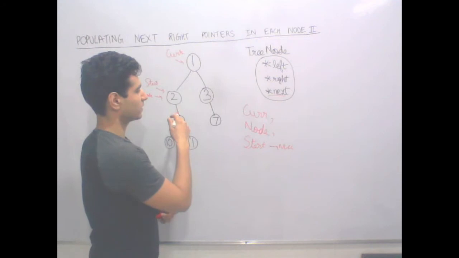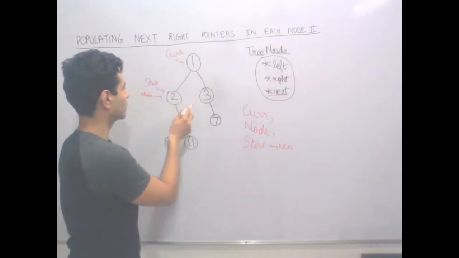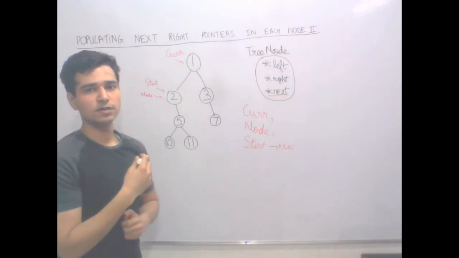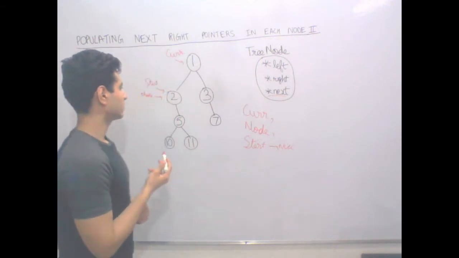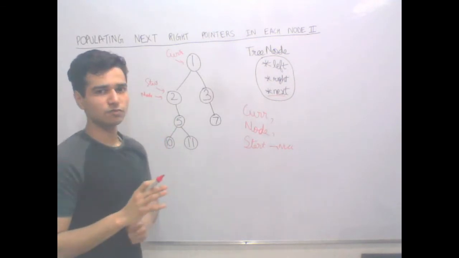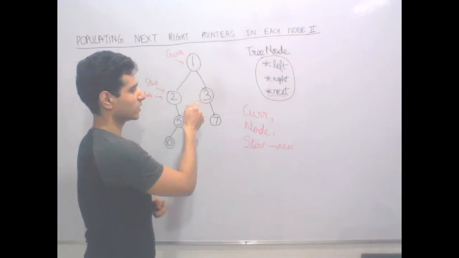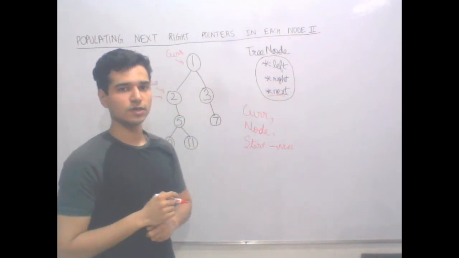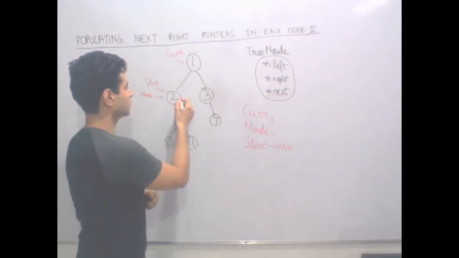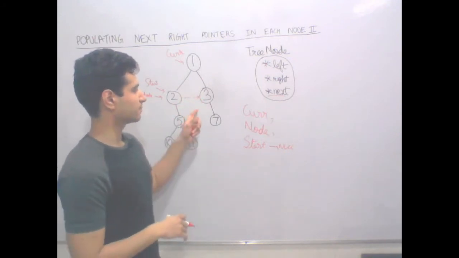And the else condition would be we will assign this node to whatever previous node it has. So the previous node, whatever that node would be, its next pointer would be the current node that we are looking at, right? So this node's next pointer would be 3.